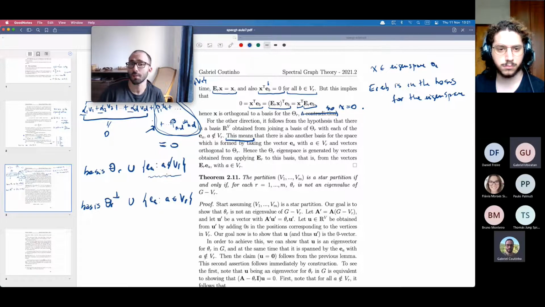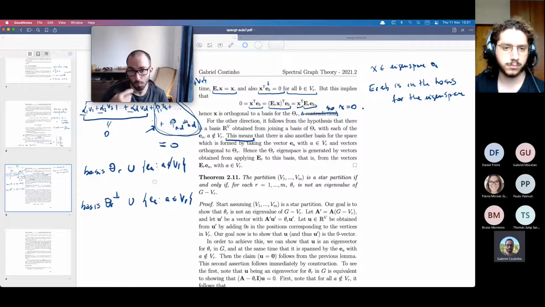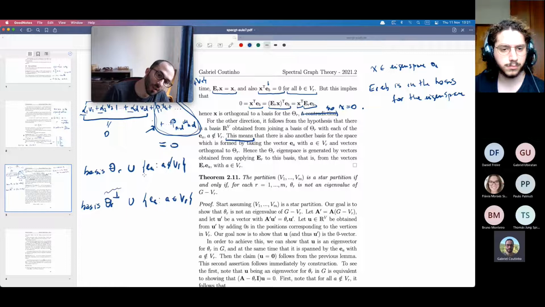Not necessarily true, no. Not equal, right? So this subspace is not necessarily equal to this.